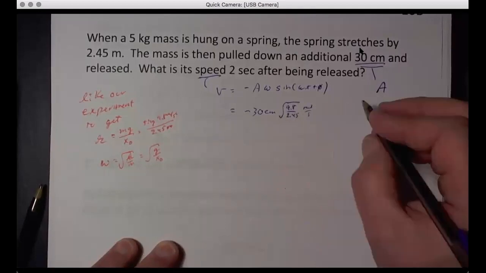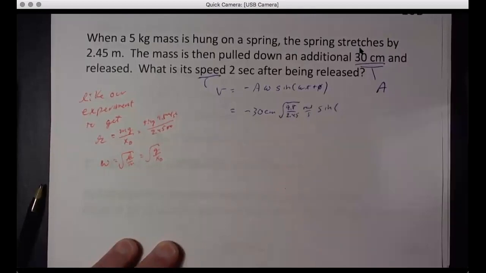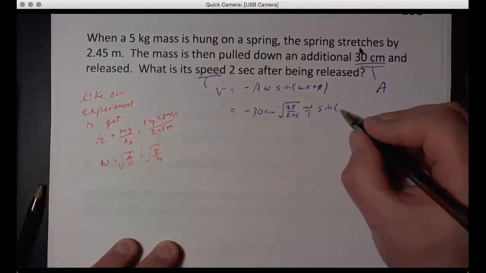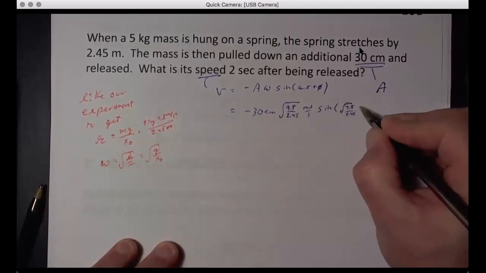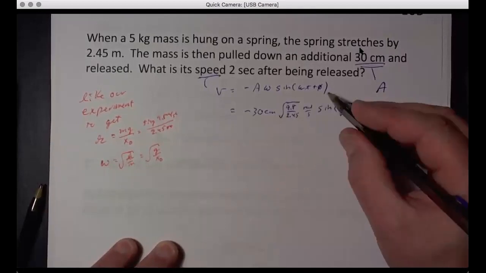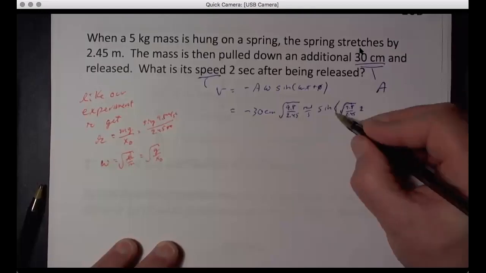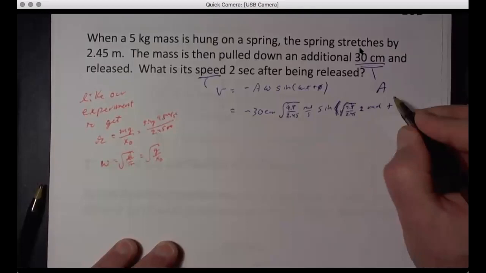The sine of omega t, it's the same thing for omega, the square root of 9.8 over 2.45, radians per second times t, 2 seconds. That gives us radians. Plus, we need to know what phi is.